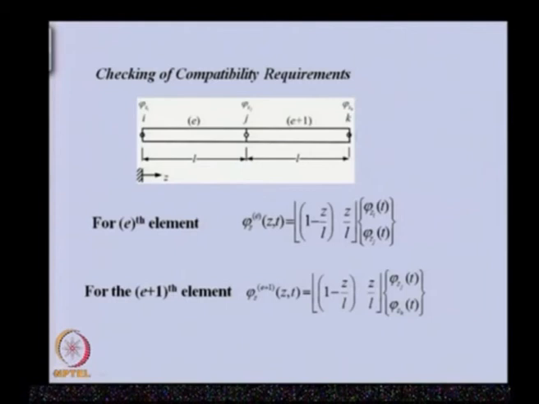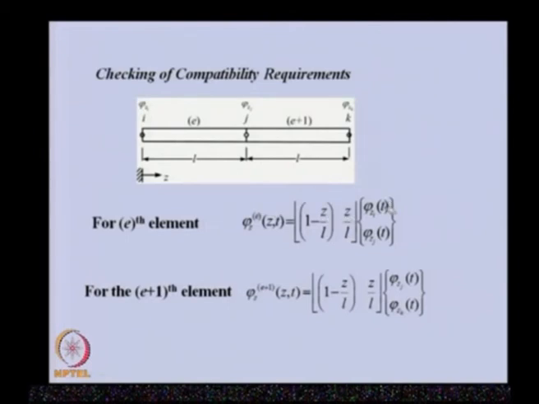the chosen shape function. So, we have two neighboring elements, element E and element E plus 1. The common node is J; this one is node I, J and K. J is the common node between these two elements. So, now for element E we can write the field variable using the shape function.